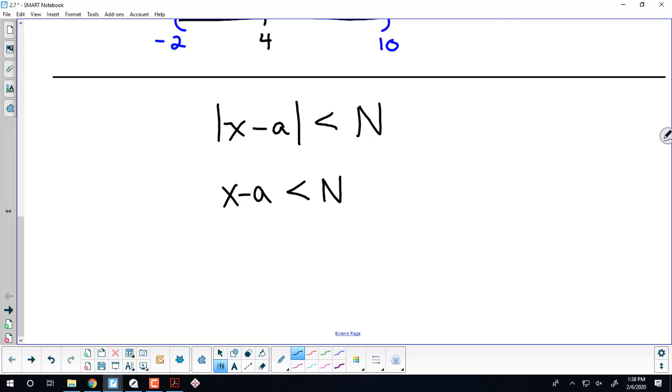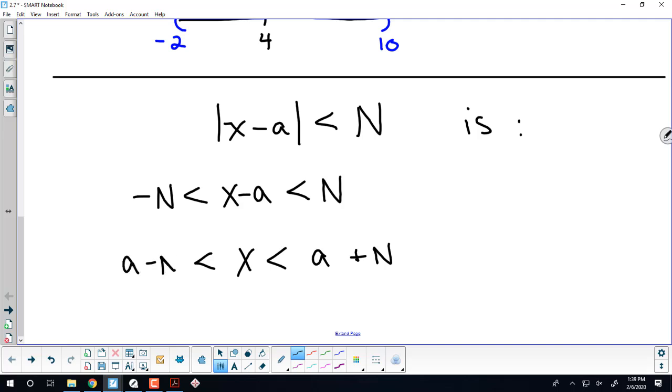X minus a is also greater than the negative of that number. So this is the same statement as this. And of course, this statement here, if we add a to both sides, means x is less than a plus n, and x is larger than a minus n.